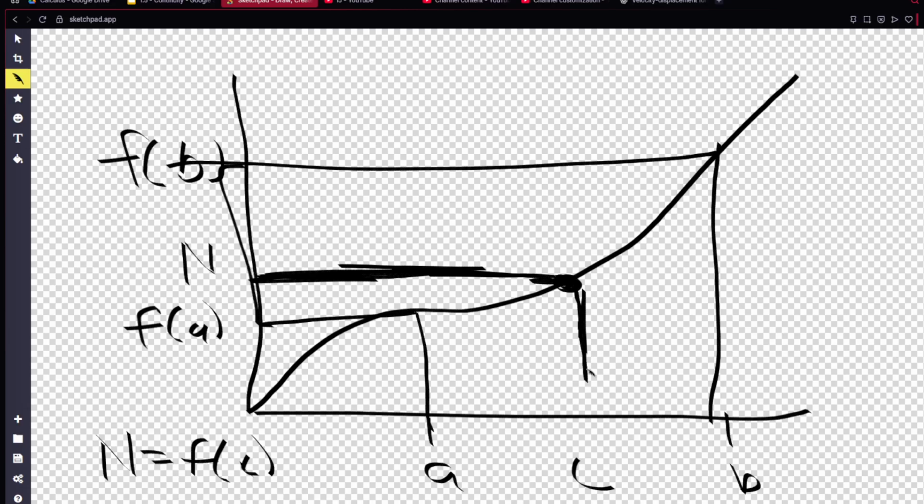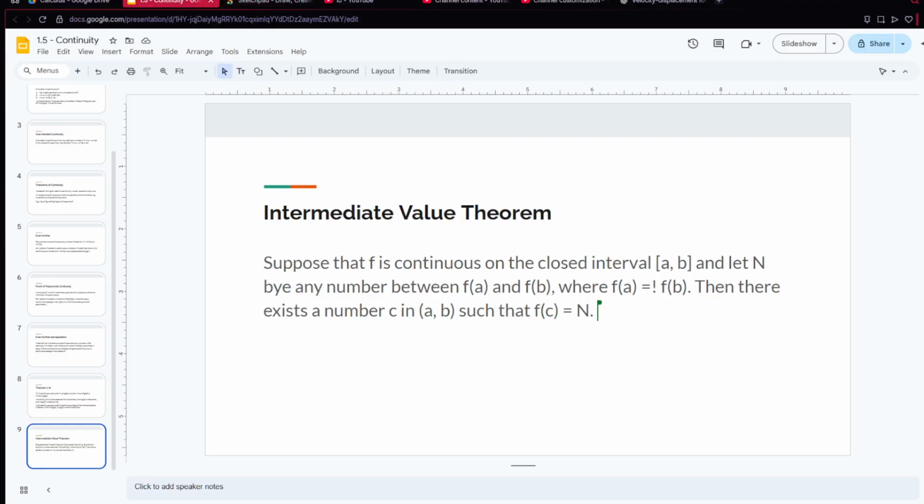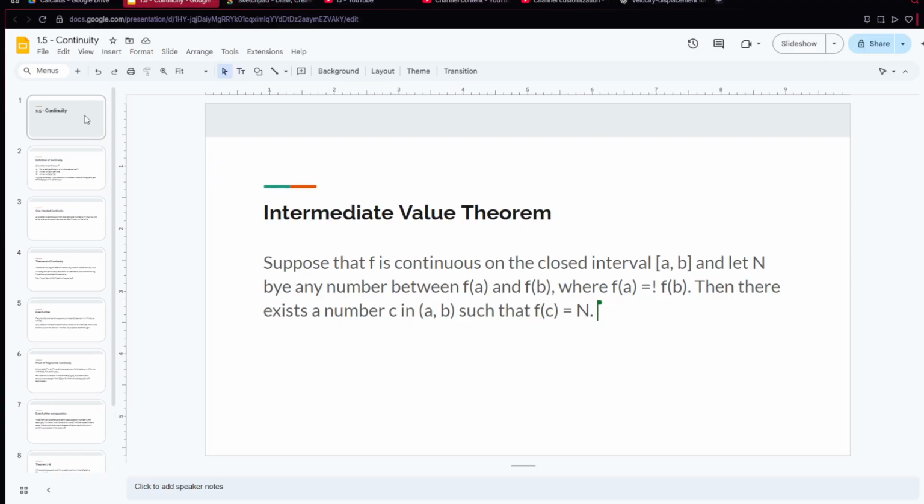If an output exists between two outputs, then the input of that output should exist between two inputs. So n is an output that is between f of b and f of a, and the input that gives you n is between a and b. So that's self-explanatory. That's all of 1.5 really.